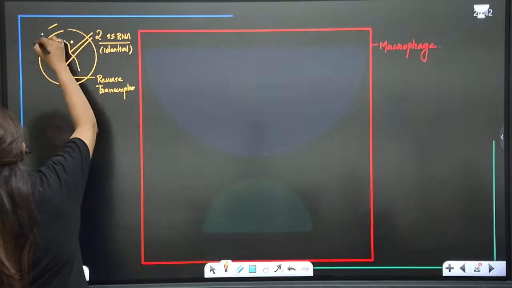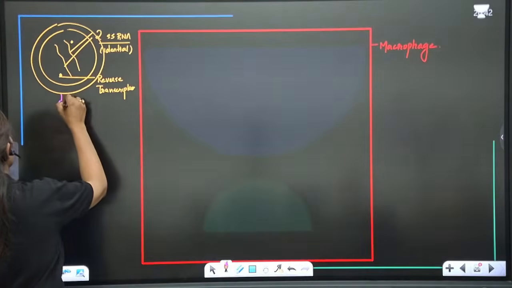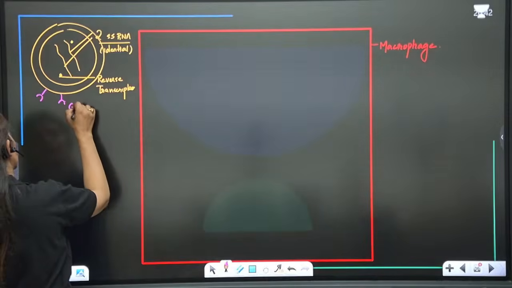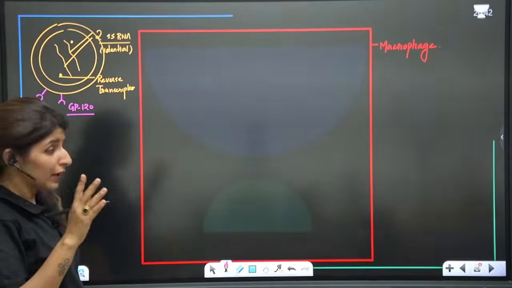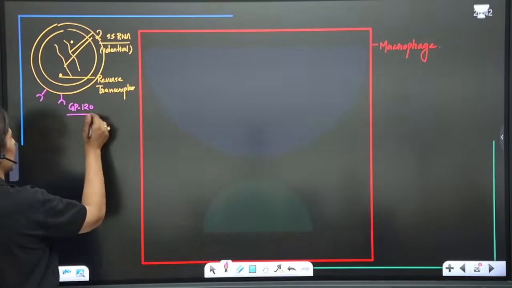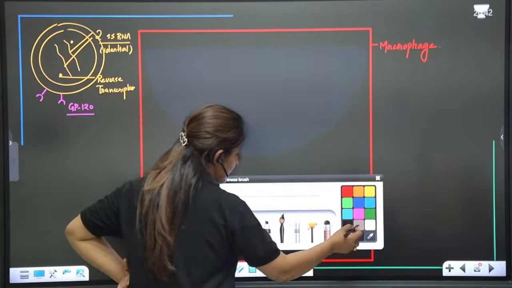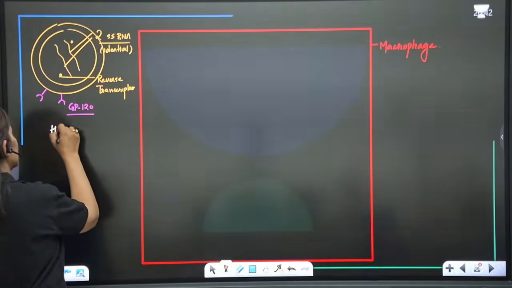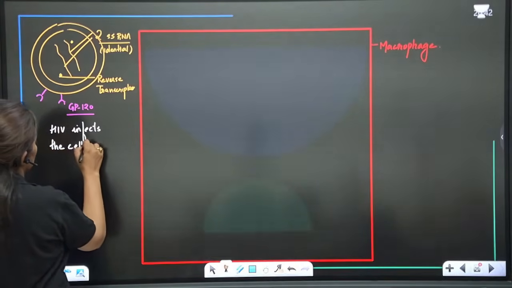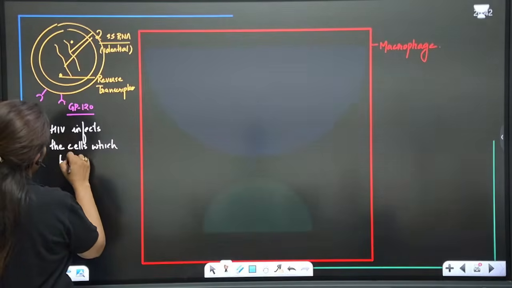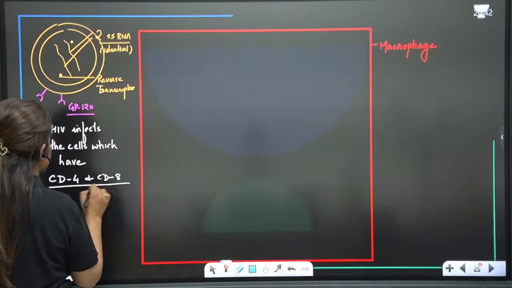Clear? So on the envelope, it has some glycoproteins. We call these glycoproteins GP120. You can skip that, but it has two coverings, two envelopes, and this GP protein is present on the envelope, right? Now, why have I mentioned this? Because we know that HIV infects only those cells which have CD4 receptors, which have CD4 and CD8 receptors, right?